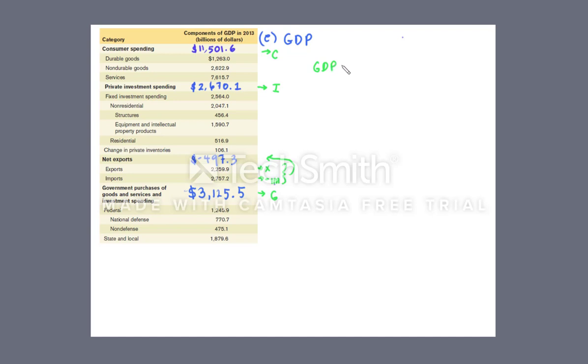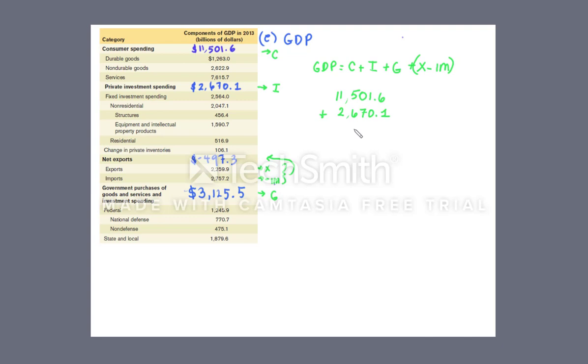So what I'm going to add up now is all my calculations: 11,501.6 billion US dollars plus 2,670.1 billion dollars plus 3,125.5 billion dollars. And then I'll subtract my net exports number.